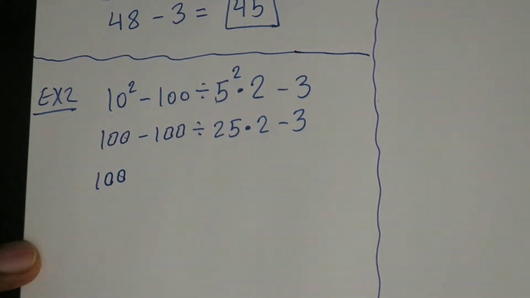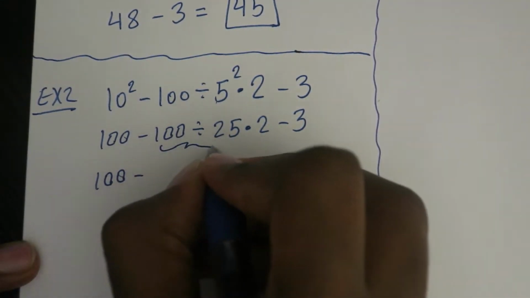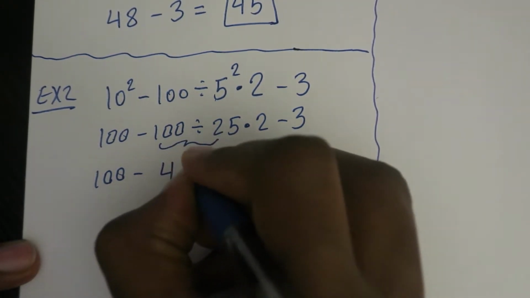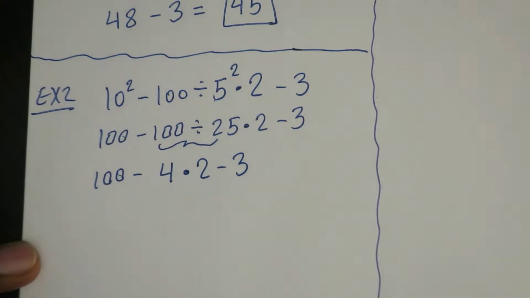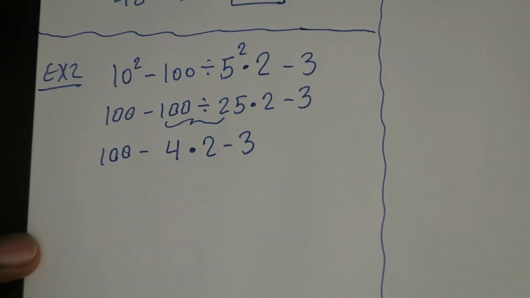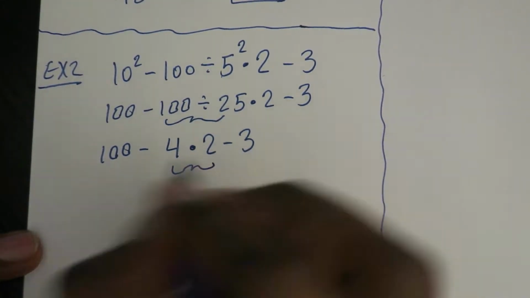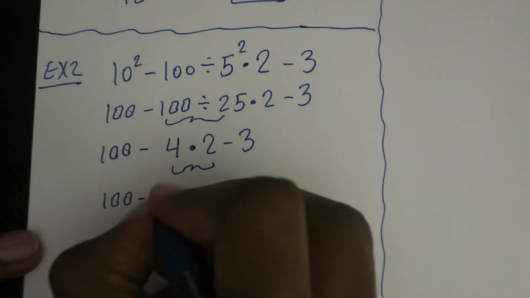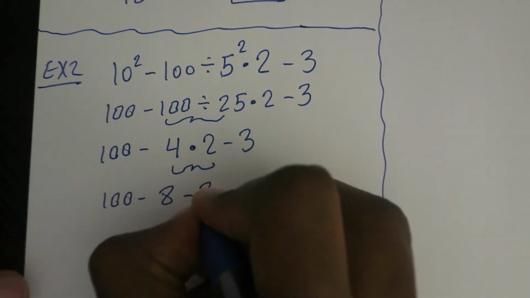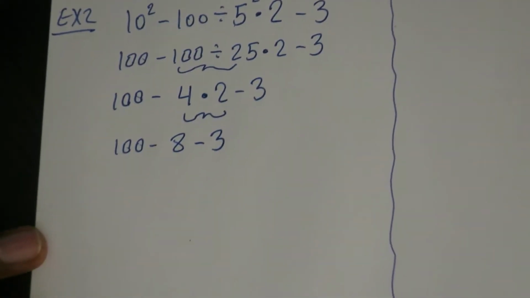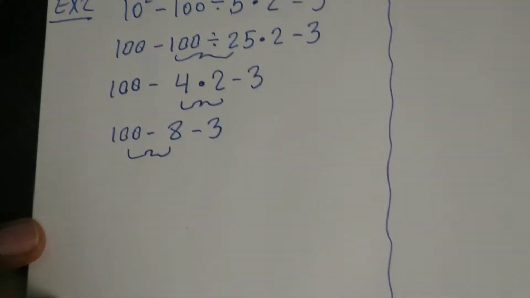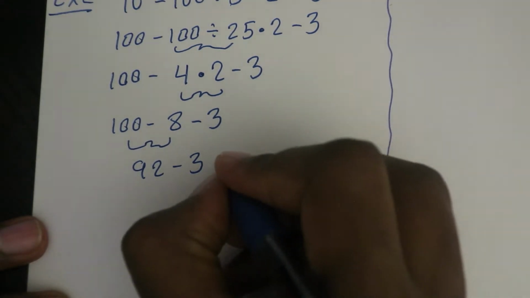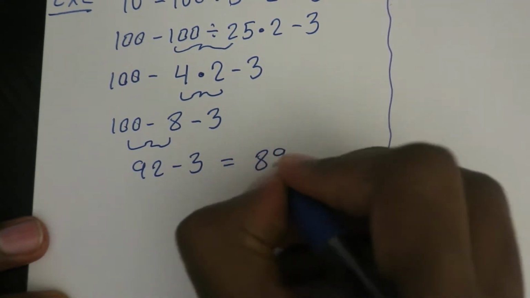So keep this 100 the same, minus 100 divided by 25 is 4, multiplied by 2, minus 3. And then of course the next thing we're going to do is multiply the 4 and the 2. So you have 100 minus 8 minus 3. Next part would be to subtract those two, which gives you 92 minus 3. And of course that turns out to be 89.